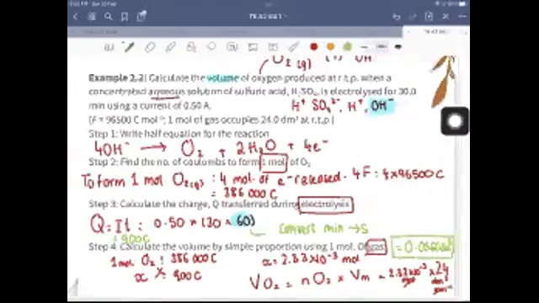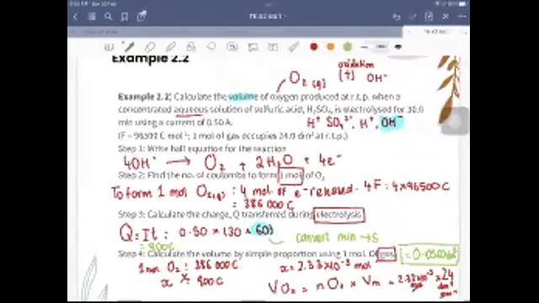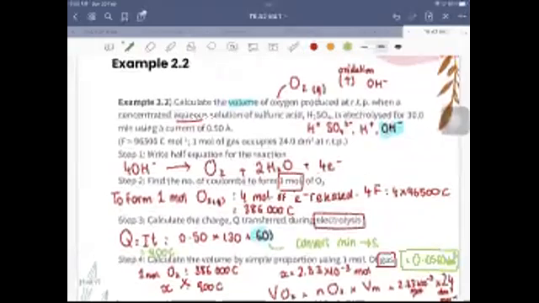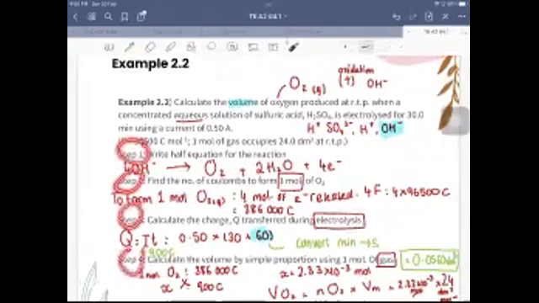Okay, I'll let you just copy this down quickly. Or you can pause this video to copy down the working. So the following questions, 2.3, 2.4, and 2.5, they are quite similar as long as you follow the steps. Okay, in the exam, you will not be given step 1, step 2, step 3, step 4.